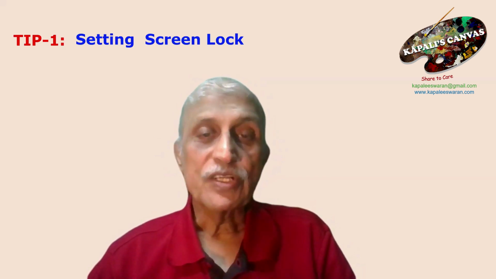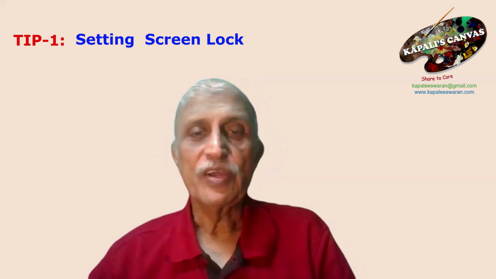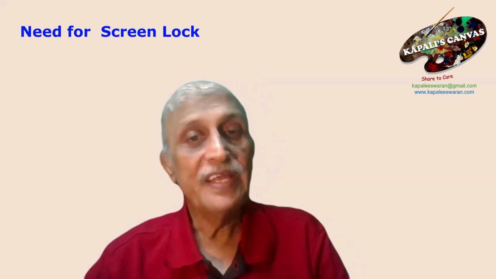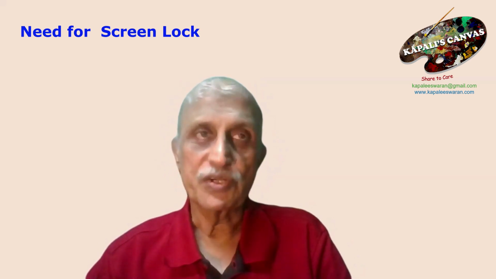Let us now see the first tip in protecting your mobile, namely setting the lock screen. Screen lock is the first line of defense in protecting your mobile as well as the data within it. Enabling this screen lock helps you to protect your mobile in case it is lost or stolen.